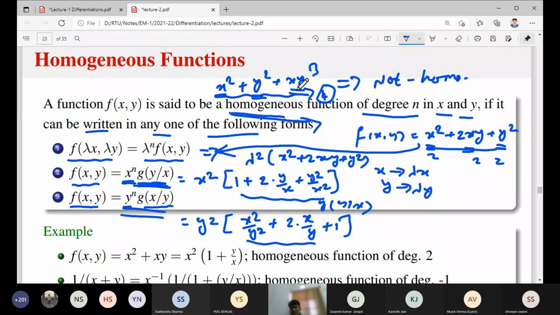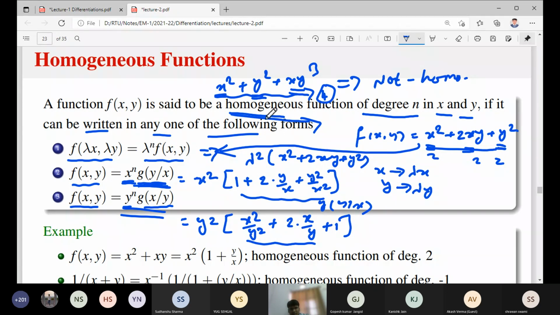So that's why this function is not homogeneous, or in mathematical form, if you cannot write this function in any one of these following forms. If you cannot express this function in any of these forms, it is because this function is not homogeneous.